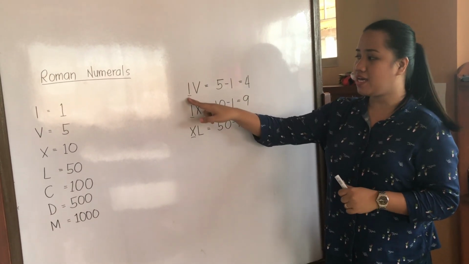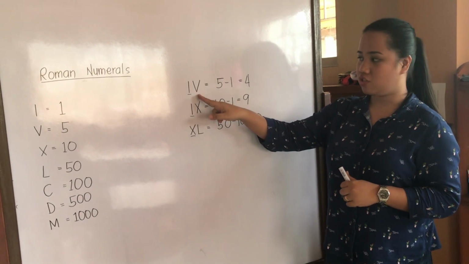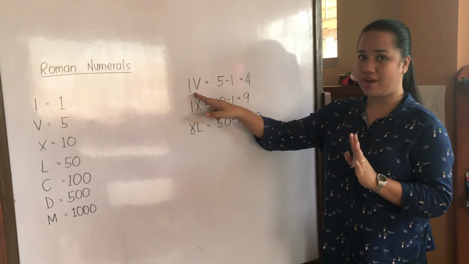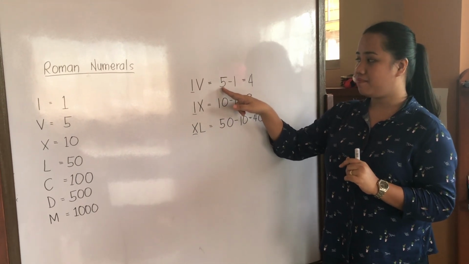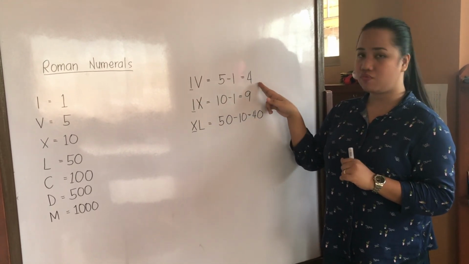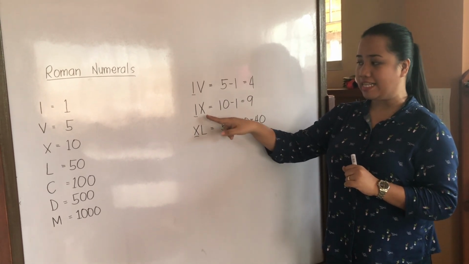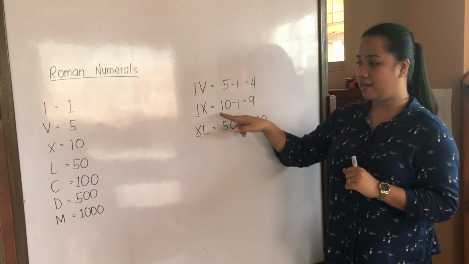For example, I and V. So I, we know that I is equals to 1 and V is 5. So it means 5 minus 1 equals 4. Next, I and X. X stands for 10 and I is 1.